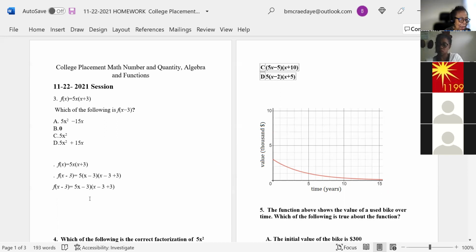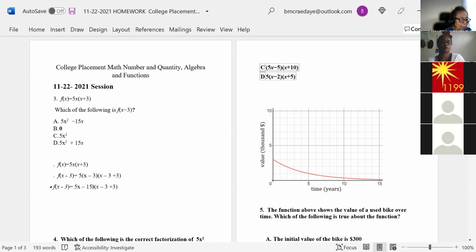What's 5 times a minus 3? 5 times minus 3 is minus 15. That's right, because you're multiplying signs that are unlike, so your product sign would be negative. So 5 times x minus 3 is now 5x minus 15.